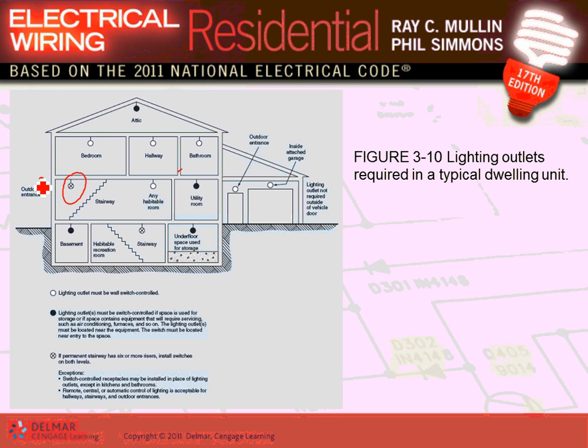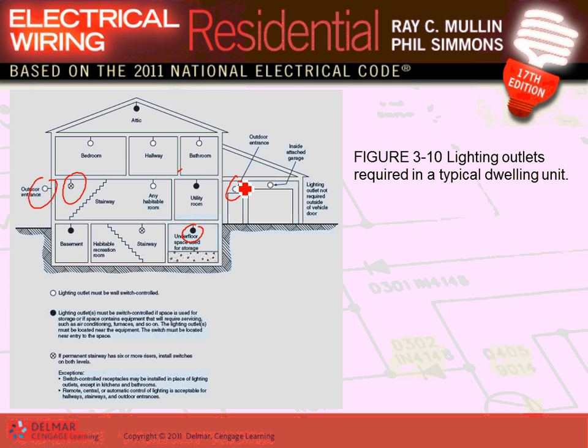Outside, you need a light at an outside door. In the basement, crawl space, and the service door for your garage, the service door here requires a light. The service door inside your garage. So all these are required lights. Now these lights have to be switched.